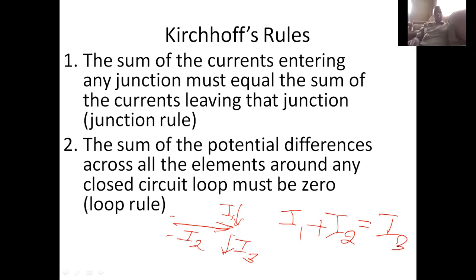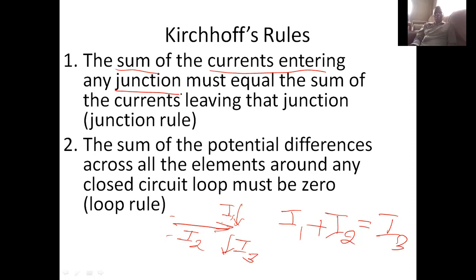And so the first rule states that you need to sum up all the currents that are entering a junction. A junction is a joint in a network.